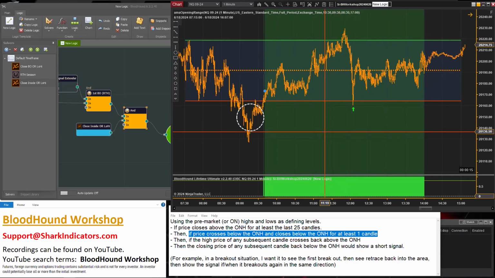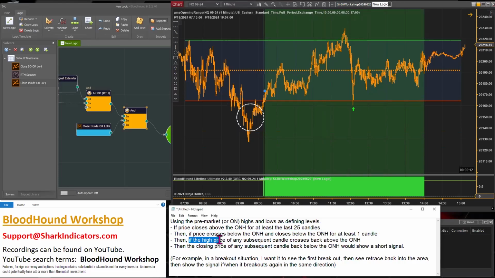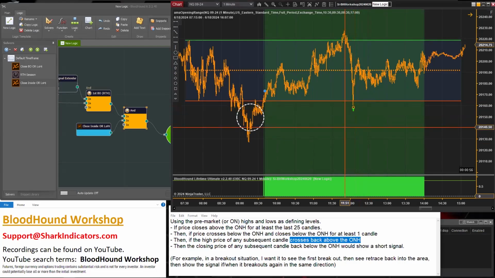So far so good. Now we can move on to the next one. We're now looking for either the high or the low of the wick to cross the range again. That's where we actually get to the signal part.